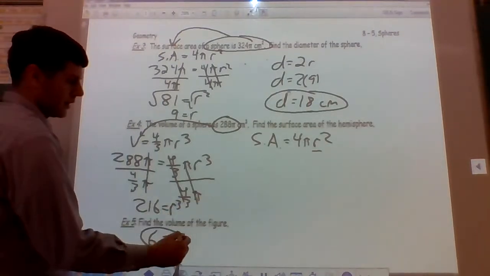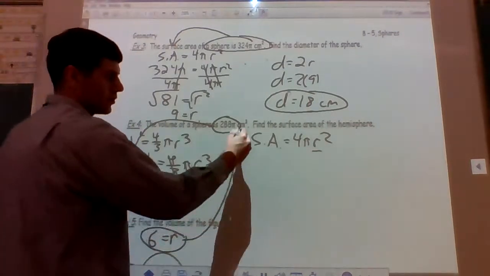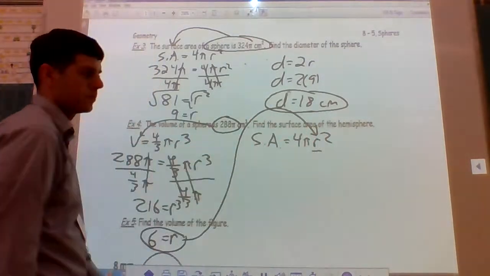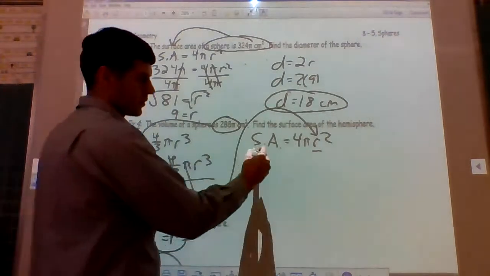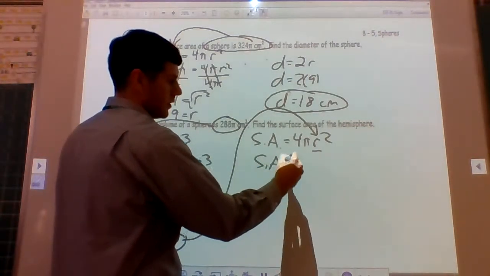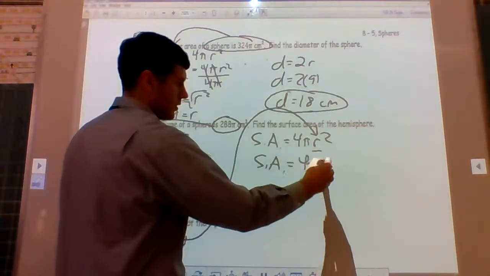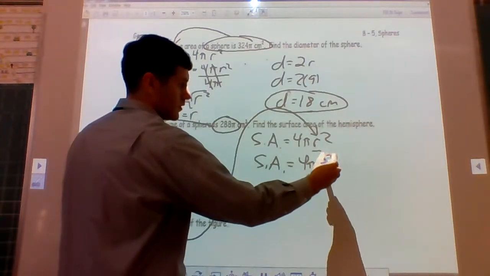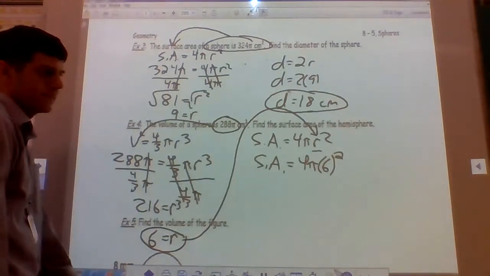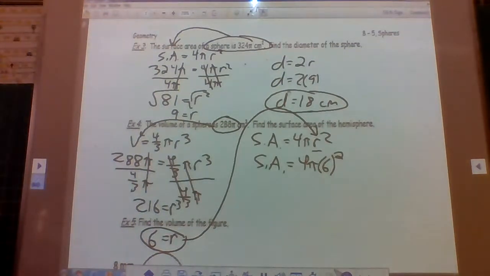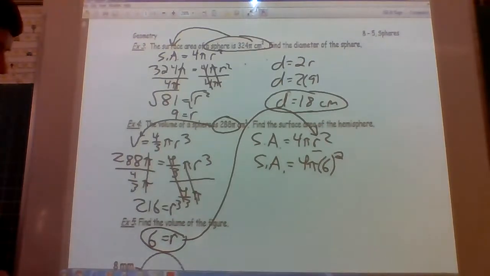Okay, 6. It's not our final answer. We want to find surface area. So we need to plug that in or substitute that in for r in the surface area formula. So surface area equals 4 pi 6 squared. Right. 36 times 4 is 144 pi.